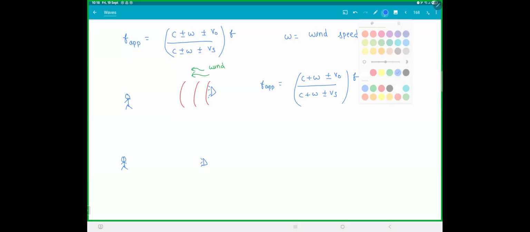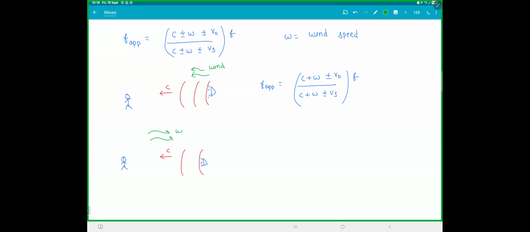Same thing. Sound is traveling this way, but the wind is blowing in the opposite direction. Should always check. So it will be C minus W. Clear with this?